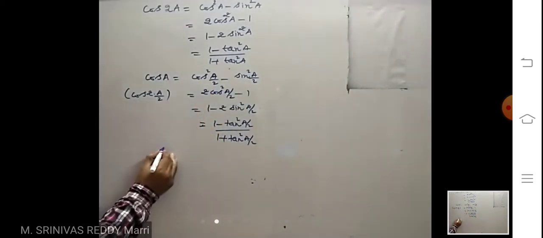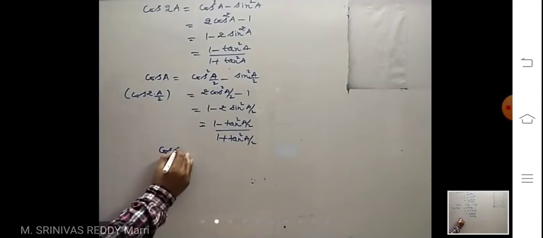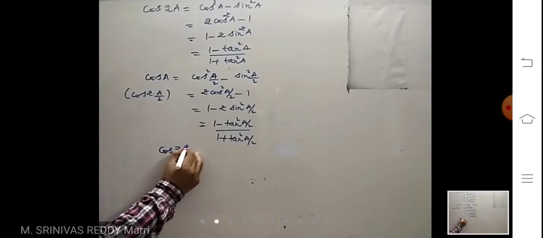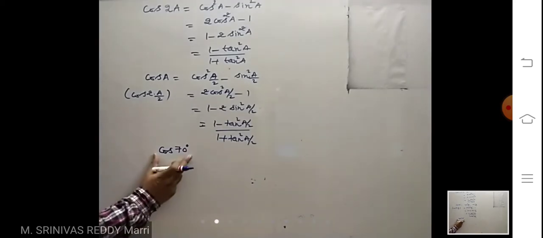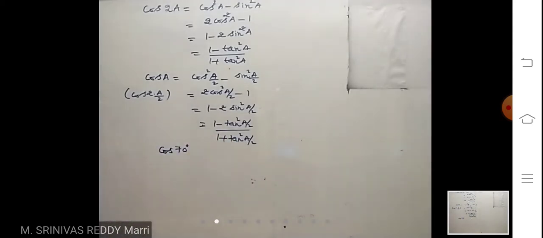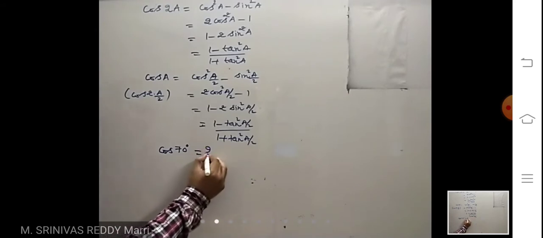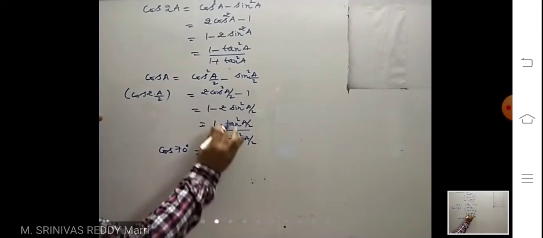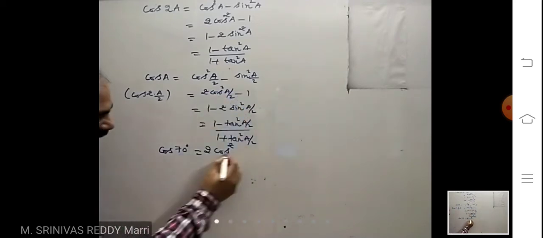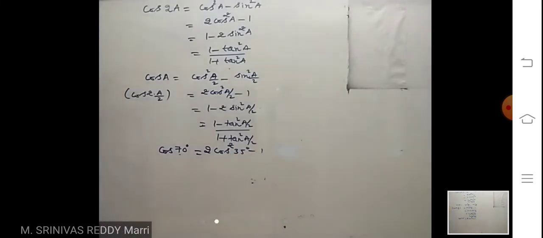Suppose cos 70 degree is there. If I want to write in terms of 35 and only in cos, I use the formula 2 cos square, half the angle, 35 degree, minus 1.